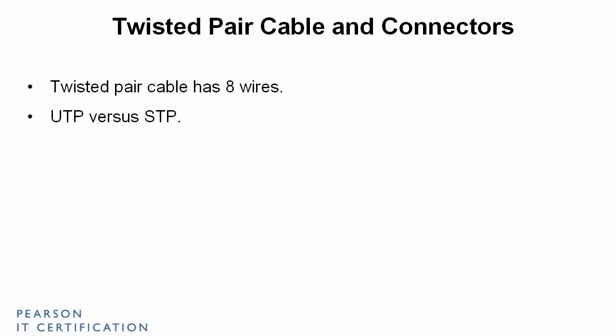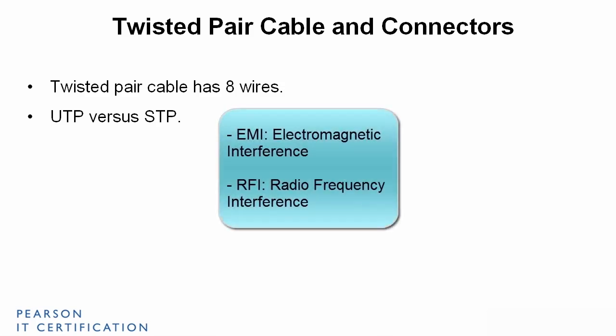Okay, so UTP versus STP. The cable we just showed, the 2 cables, are both unshielded twisted pair. That's the most common. It's 8 wires surrounded by a plastic jacket, a PVC jacket. But STP is shielded twisted pair. And you use this in case you're worried about electromagnetic interference or radio frequency interference, EMI or RFI.